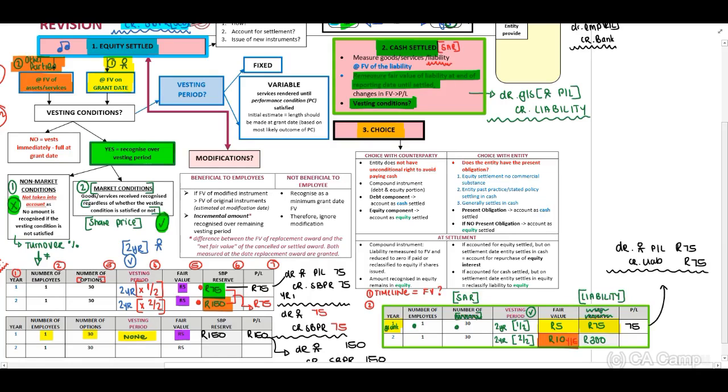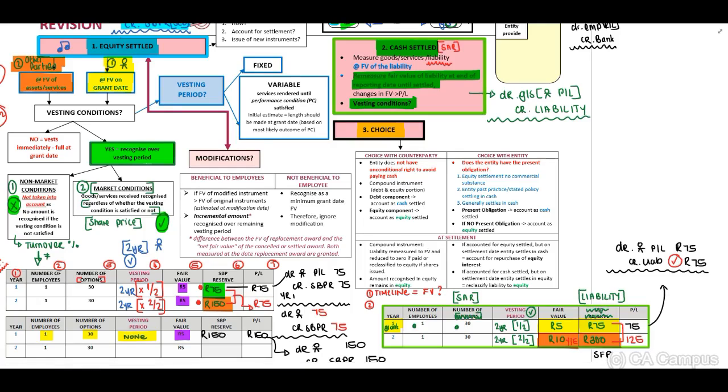Then the next amount at the end of our reporting period will be a total liability that should be recognized in our statement of financial position, should be 300 Rand. Therefore, we now need to recognize 125 because we have already recognized 75 Rand.